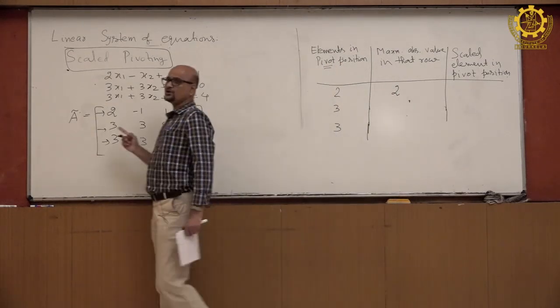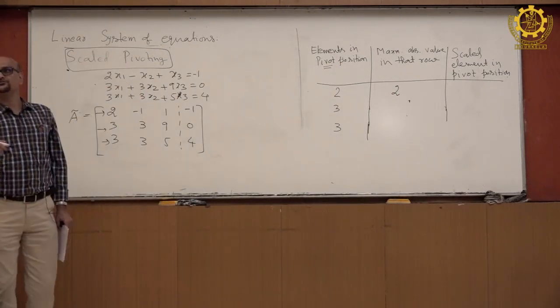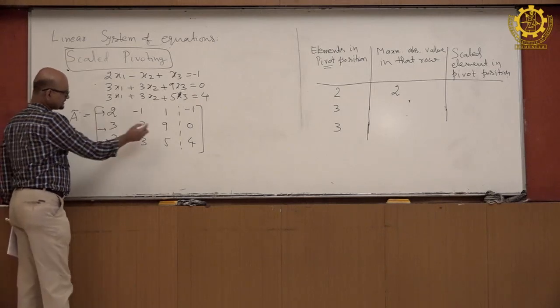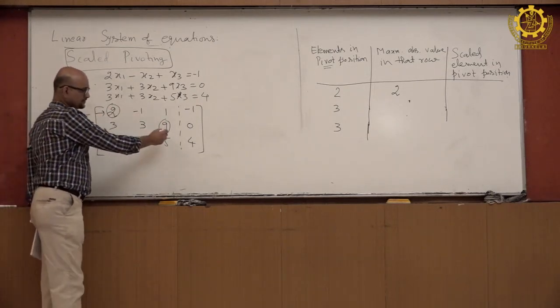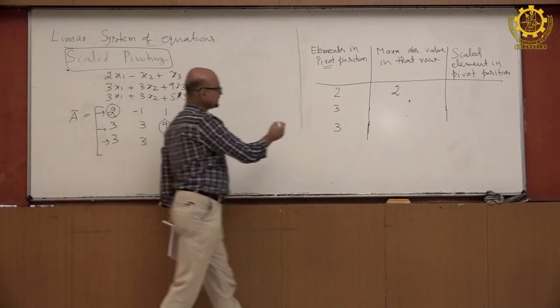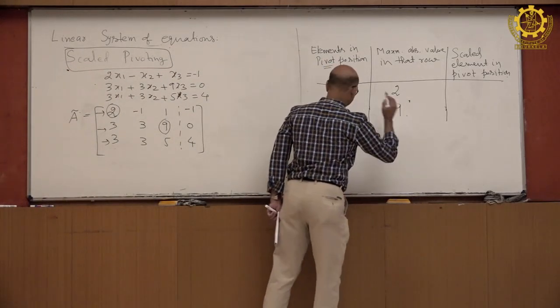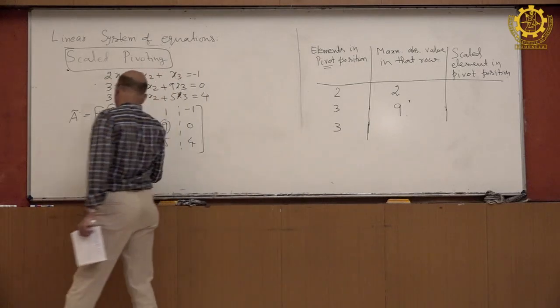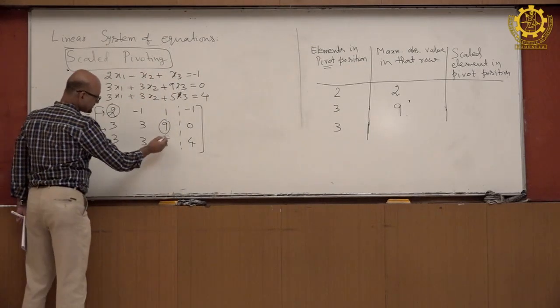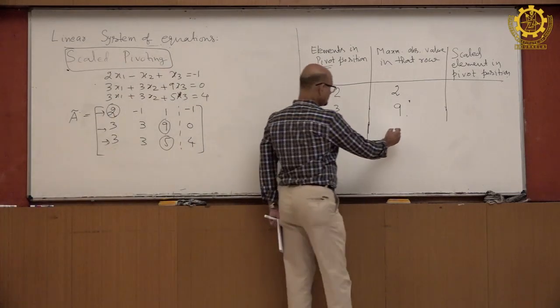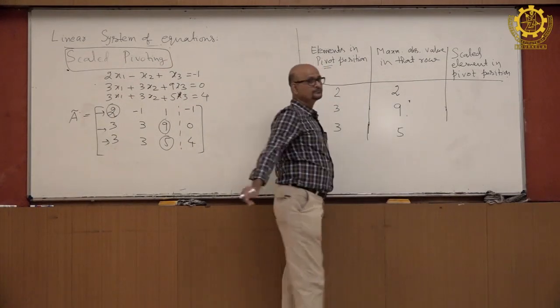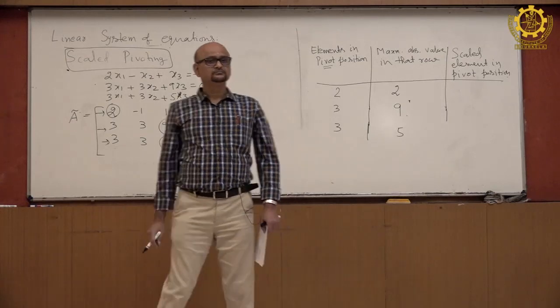In the second row, maximum absolute value is this 9. Fine? So, I will write 9 here. Next, for the last row, maximum absolute value is 5. So, this is your 5. Understood?